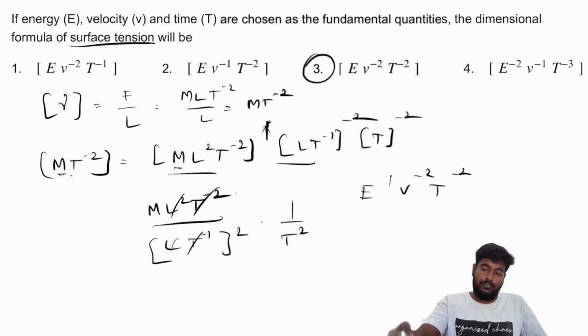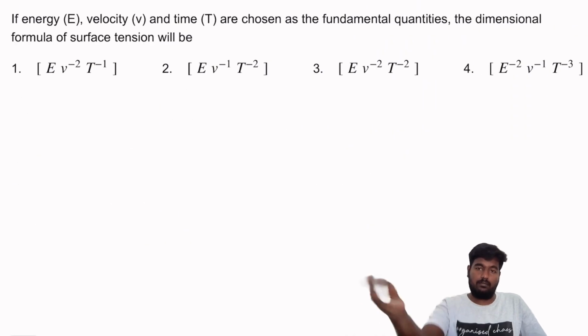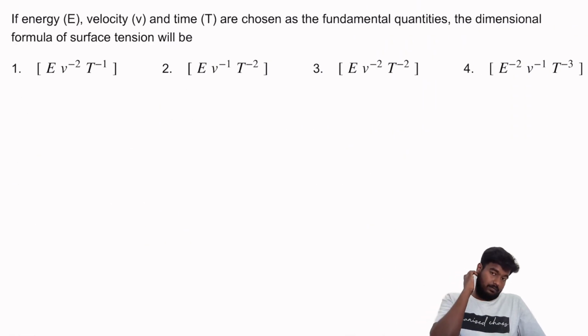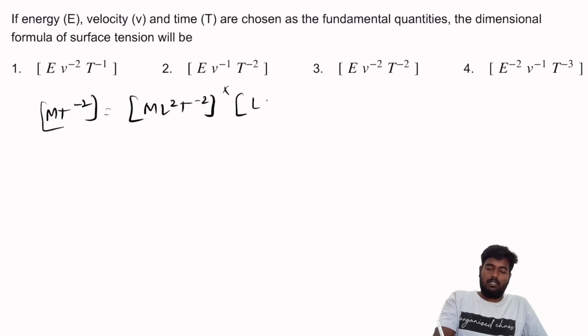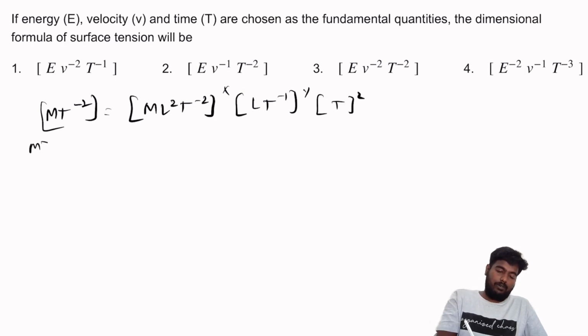Okay. So if you want to do it algebraically. Sorry. The dimension of surface tension is M T^-2. This side should have the dimension of energy, M L^2 T^-2 to the power x, L T^-1 to the power y, and T to the power z. All the M powers will collect.